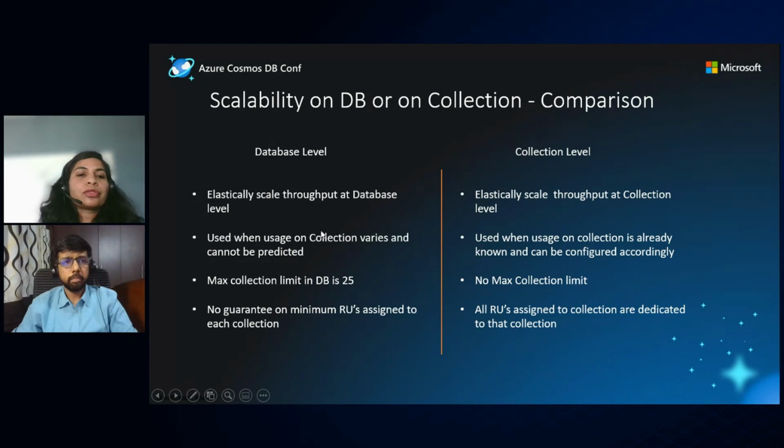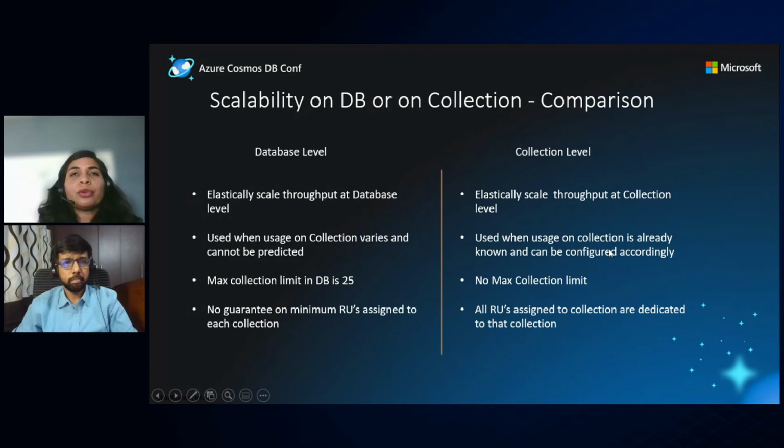Now, when we use database level throughput, for example, you cannot predict what will be the usage of your collection. In that case, you can define the throughput at a database level, so that the entire database can scale to that limit, and it will not be specific to a collection level because we actually don't know what could be the min and the max scale for the collection.